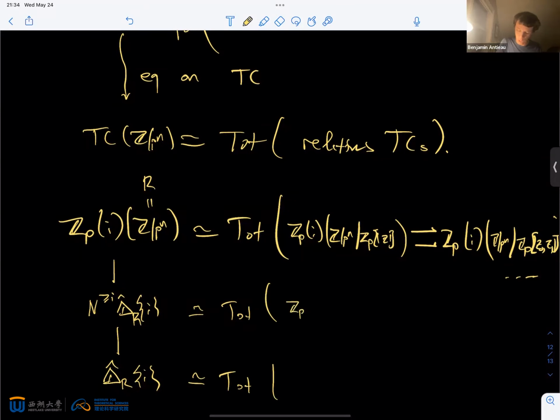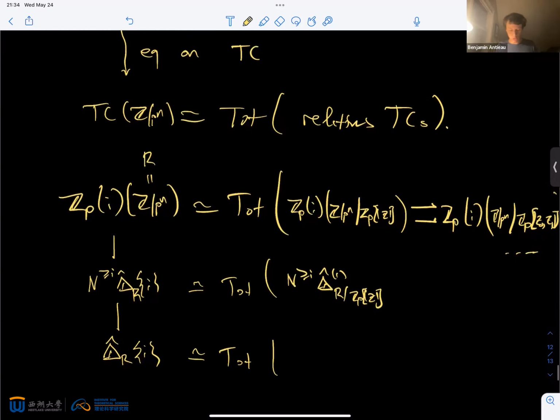And now you have this relative prismatic cohomology here, and Nygaard filtration greater than or equal to i, of R over Z_p adjoin z. And now there's a little bit of a twist, namely a Frobenius twist.